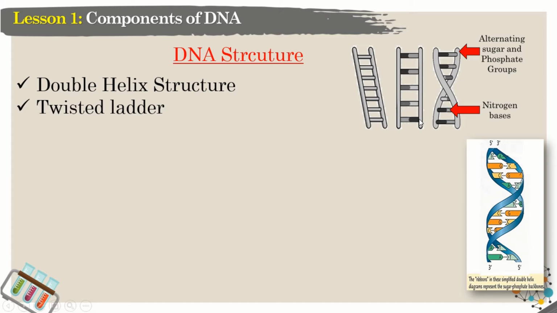DNA has a monomer of a nucleotide, which is composed of an alternating sugar and phosphate. So this is the strand for your sugar and phosphate group, and then the ones in the middle, or the steps, are known as the pair of nitrogen bases.